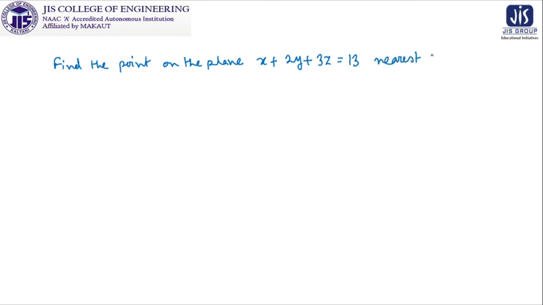that suppose there is a question not given directly in the Lagrange's form, that find the point on the plane x plus 2y plus 3z is equal to 13 nearest to the point 1 1 1 using the method of Lagrange's multiplier.